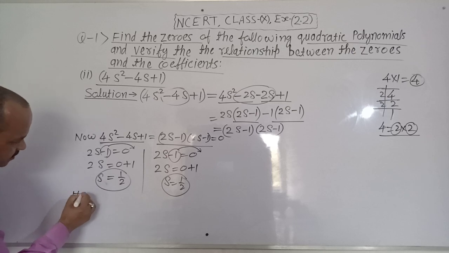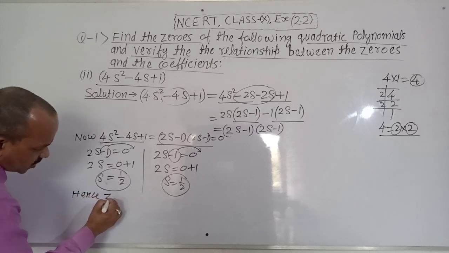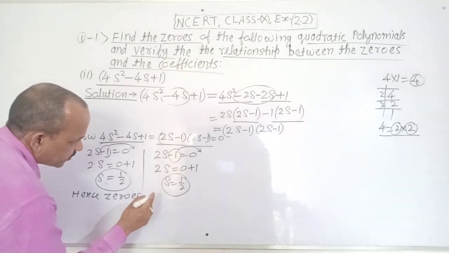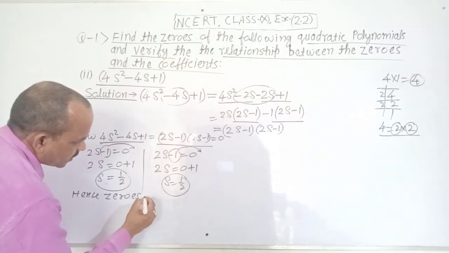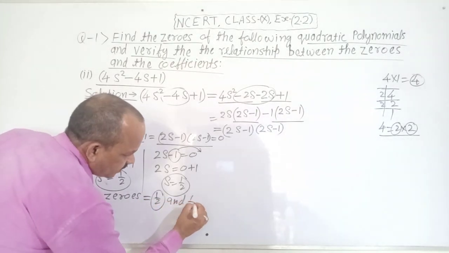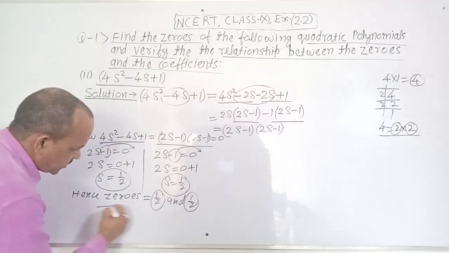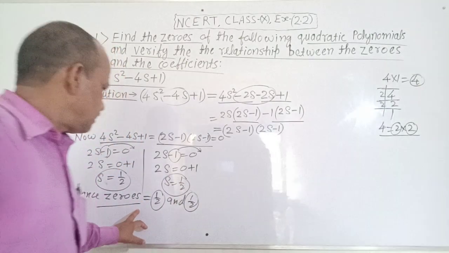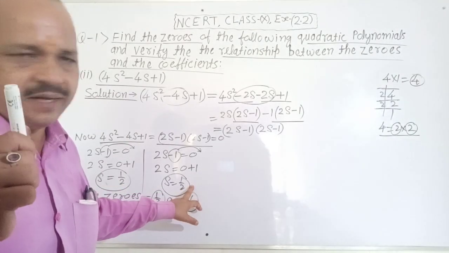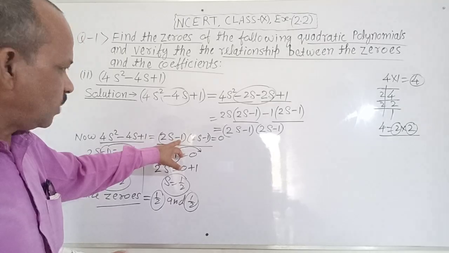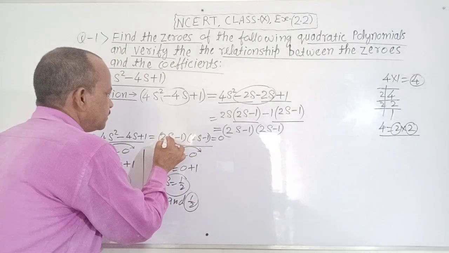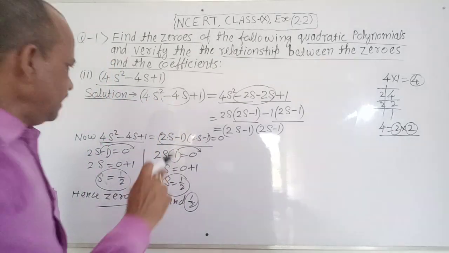Hence zeros equal half and half. You find zeros of the polynomial, half and half. Here half and here half. It is clear because here 2s minus 1 and here 2s minus 1.